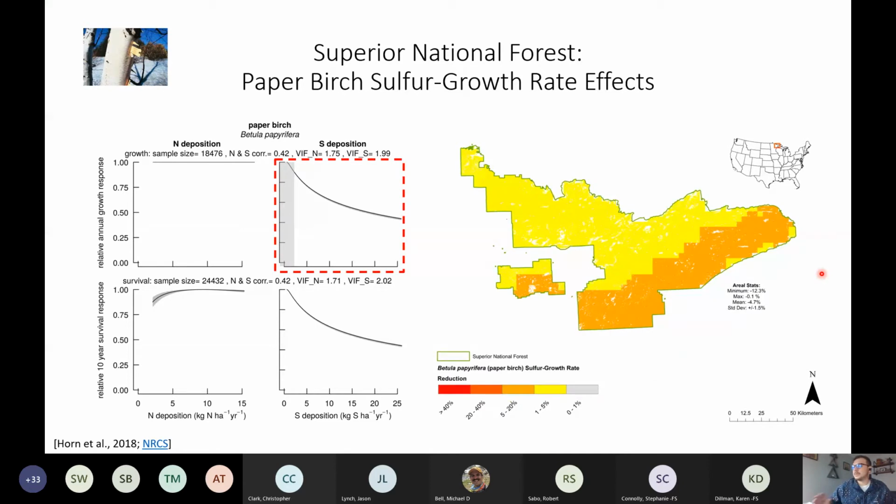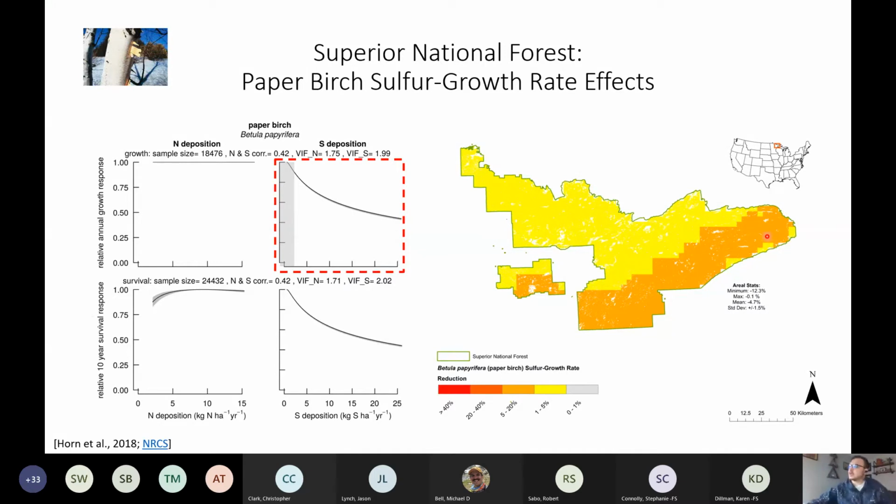So now what we have is actually the reduction in paper birch's sulfur growth rate due to sulfur deposition. So you can see, across the park, we range from anywhere from 1 to 12% reductions in the sulfur growth rate for paper birch.